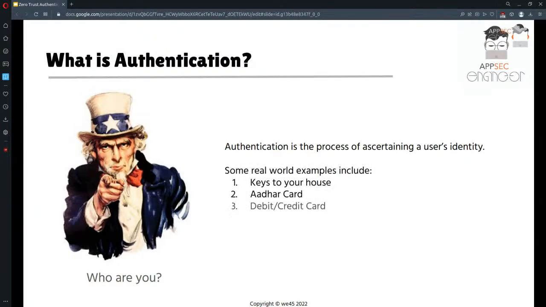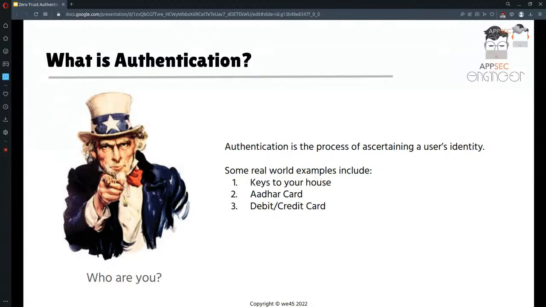I want to talk about three different ways that we can do this. We have keys to your house, we have your Aadhaar card, and we have your debit or credit card. The reason I've chosen these three items is because the keys are a physical device that you have access to, so you possess them. Your Aadhaar card is something that has further evidence, like your biometric scans, your fingerprints, your retinas, or certain details that are extremely pertinent only to you.